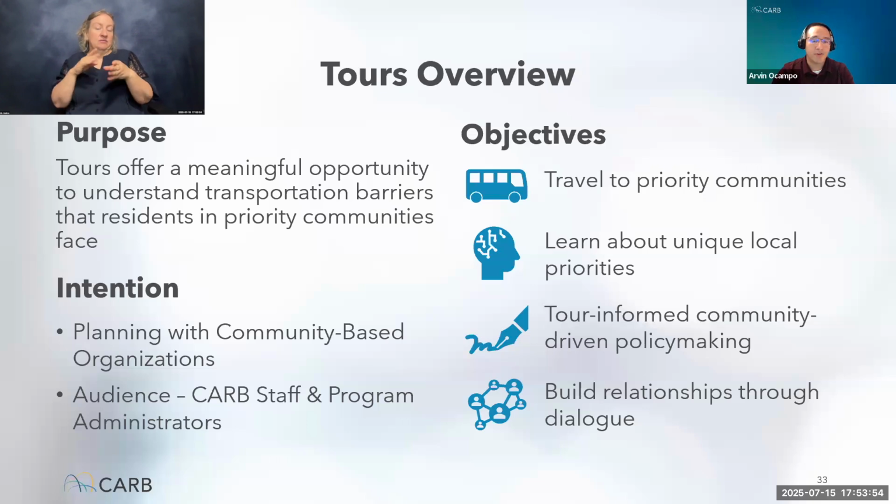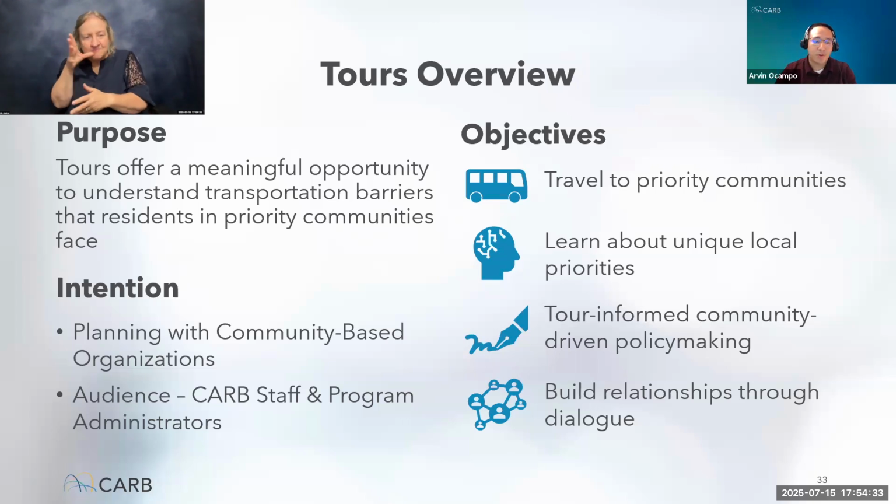The 4 objectives of these tours are to, 1, visit communities most impacted by pollution, climate change, and poverty. In other words, communities in greatest need of our clean transportation incentive program investments. 2, to learn about each community's unique local priorities, including clean transportation barriers and opportunities. 3, the tours help CARB staff shape policies that better reflect and respond to unique community identified needs, including those in smaller rural and tribal areas.